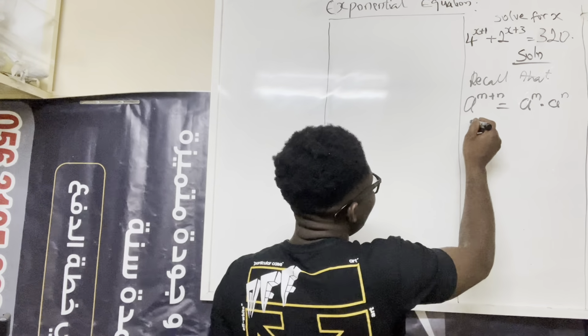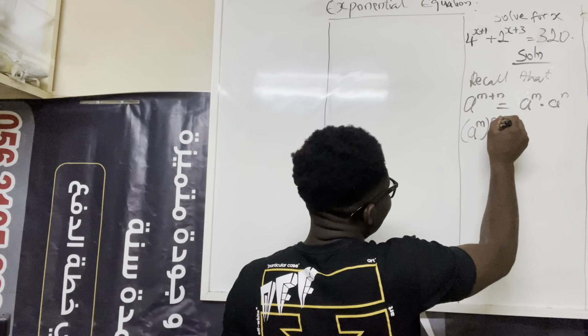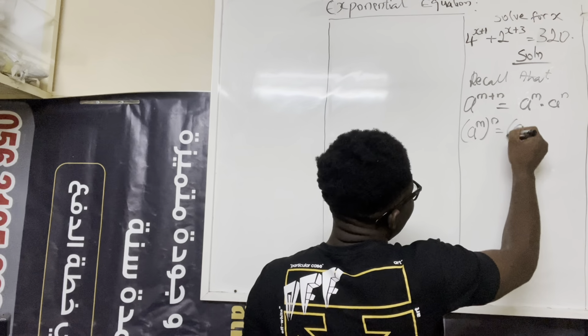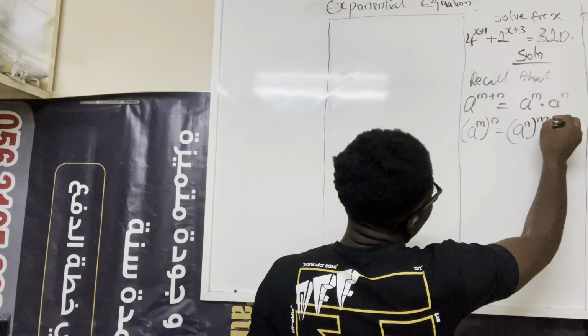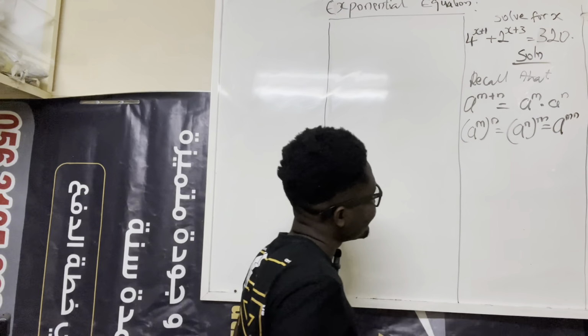Again, when you have bracket a raised to the power of m bracket n, this is the same thing as bracket a raised to the power of n bracket m, which equals a raised to the power of mn.